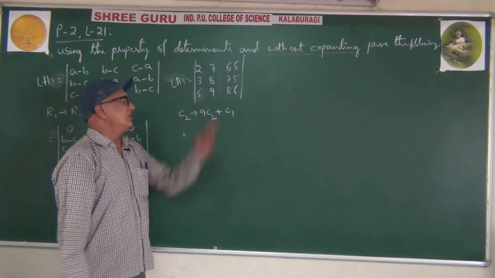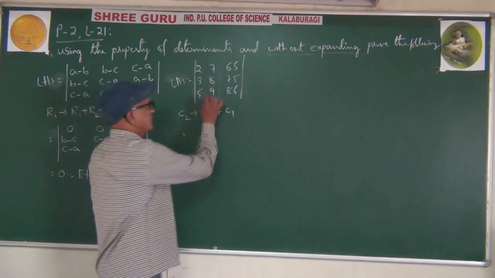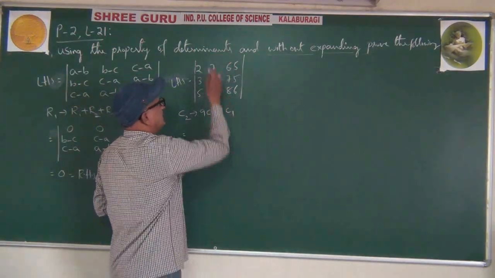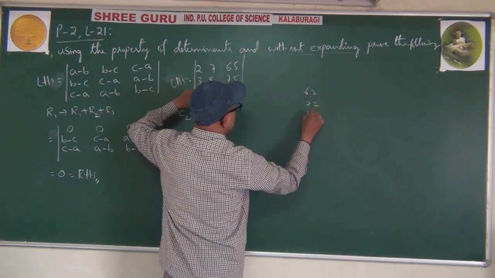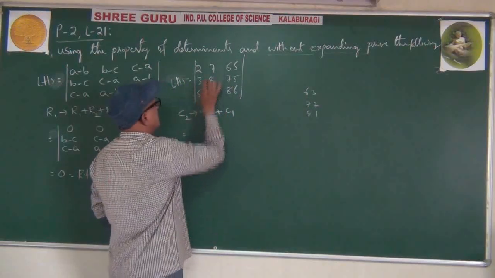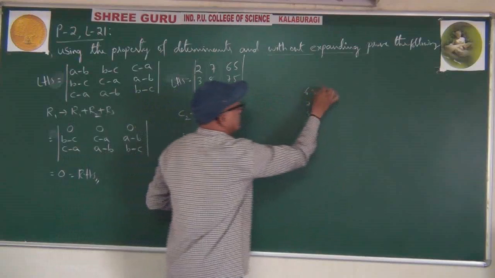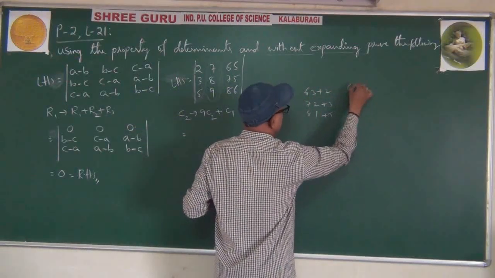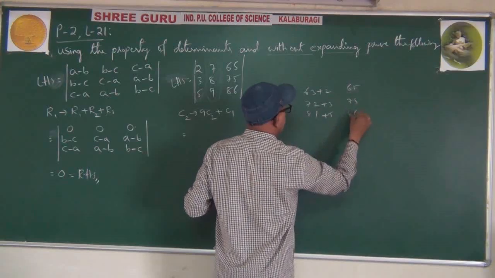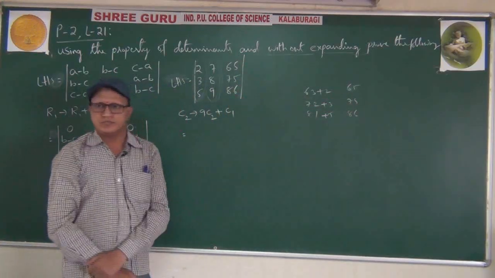Why we have to add? Second column multiply with 9: 9 7s are 63, 9 8s are 72, 9 9s are 81. Add first column 2, 3, 5. Add 2, add 3, add 5. What we get? 65, 75, 86. This one we get.